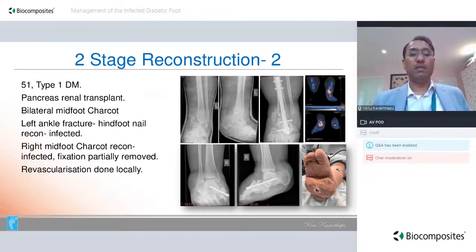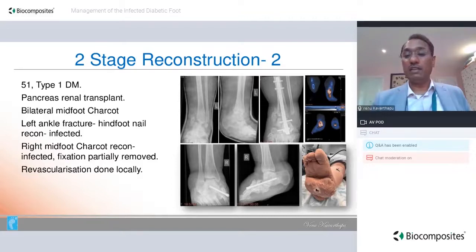So another case example, this patient who had pancreas and renal transplant a few years earlier, before she developed bilateral Charcot deformities that developed infection. In fact, the local team had done a hindfoot nail on the left side for this type of non-traumatic ankle fracture, which means Charcot, with midfoot Charcot change as well, and the hindfoot nail got infected, whereas on the opposite side, the midfoot Charcot was initially reconstructed using certain metalwork constructs, but that had failed and then got infected.